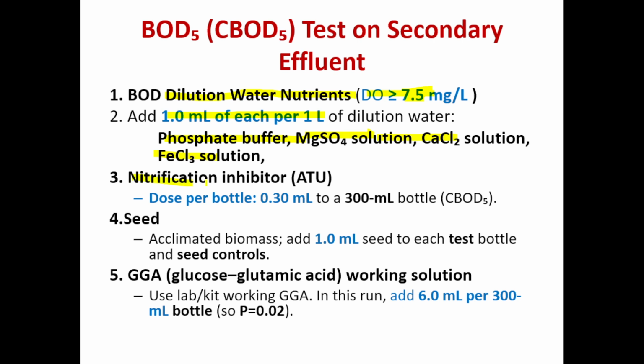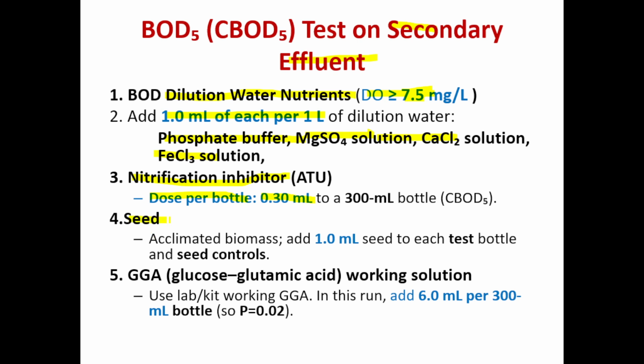Add a nitrification inhibitor, because in the case of secondary effluent there is a possibility that sufficient nitrifying bacteria are present in the effluent, and so we need to inhibit the nitrification process. The dose is 0.3 ml to a 300 ml bottle.